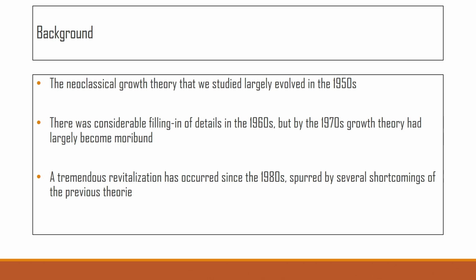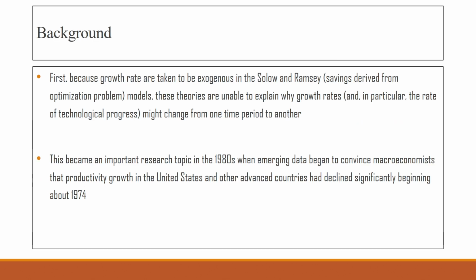A tremendous revitalization occurred since the 1980s because it was mostly spurred by some of the shortcomings or limitations of the previous theories. Now, what were some of these limitations? Some of the limitations of the exogenous growth theories.